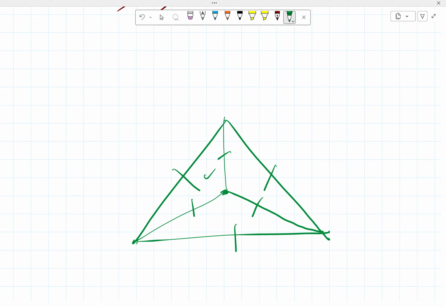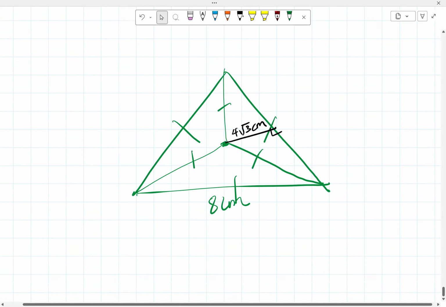We are told that each side is 8 centimeters. And the apothem you can draw this way, and that is 4 root 3 centimeters.